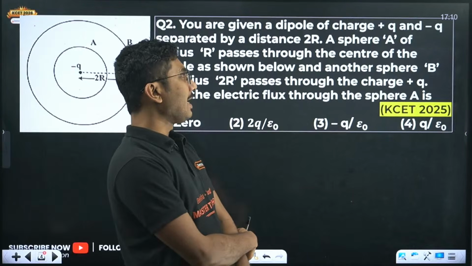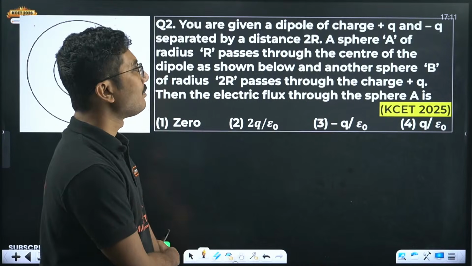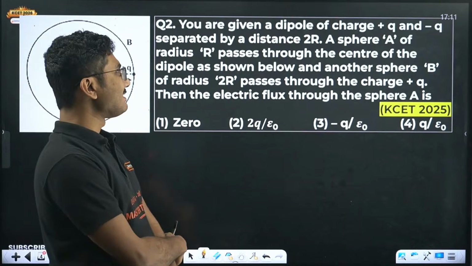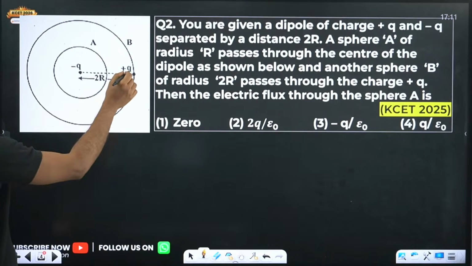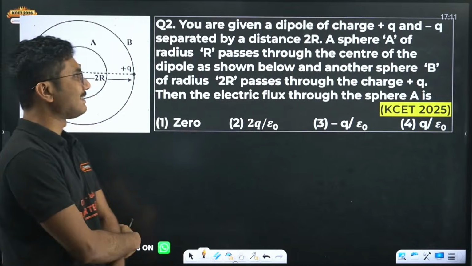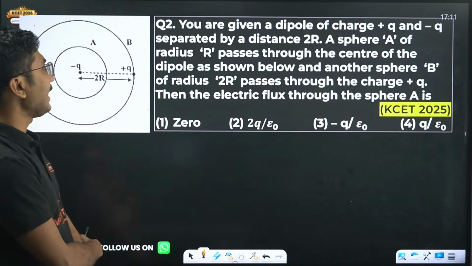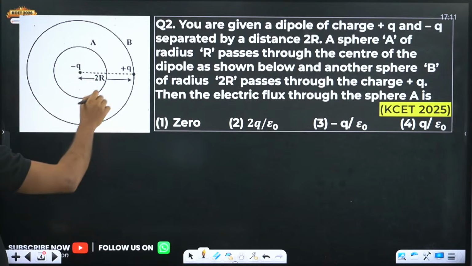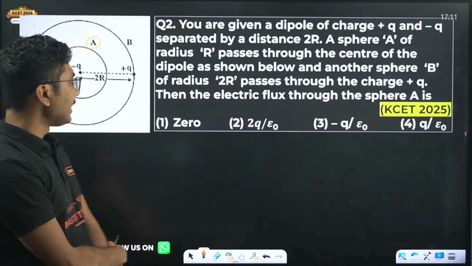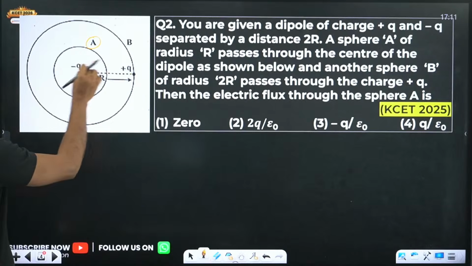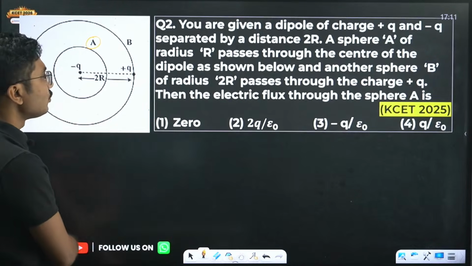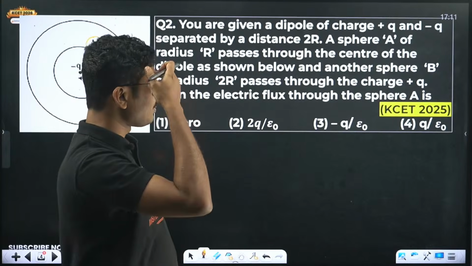You are given a dipole of charge plus q and minus q separated by a distance 2r. So here we have a plus q charge and a minus q charge separated by 2r distance. A sphere A of radius capital R passes through the center of the dipole as shown, and another sphere B of radius 2r passes through the charge plus q.